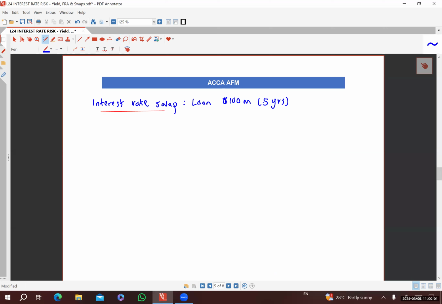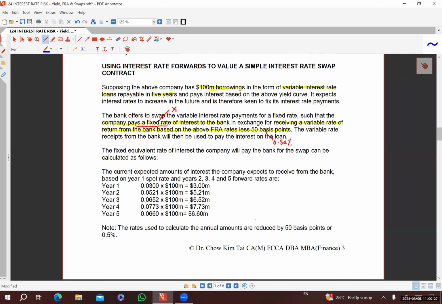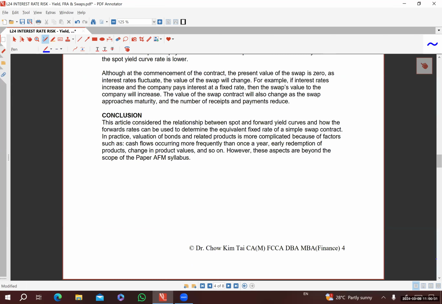So it will be 5 years: 1, 2, 3, 4, 5. Now, receive from bank. To arrange into an interest rate swap, you receive from bank based on FRA less 0.5%.